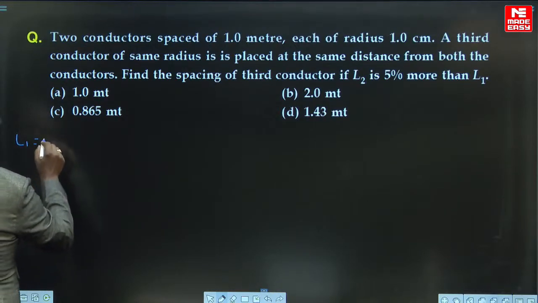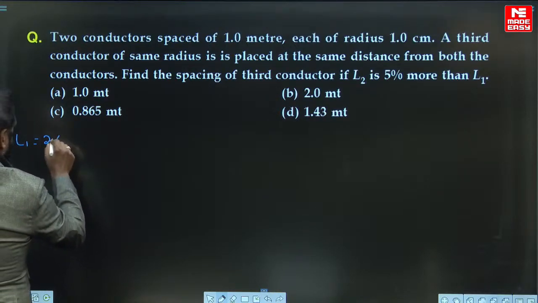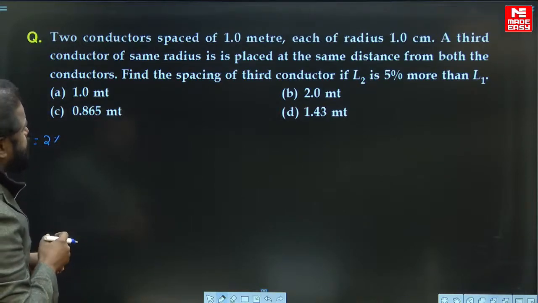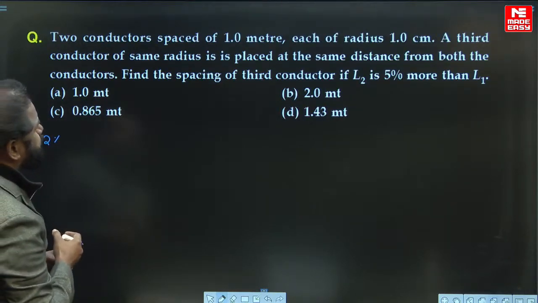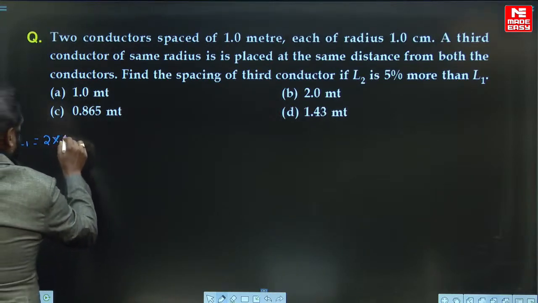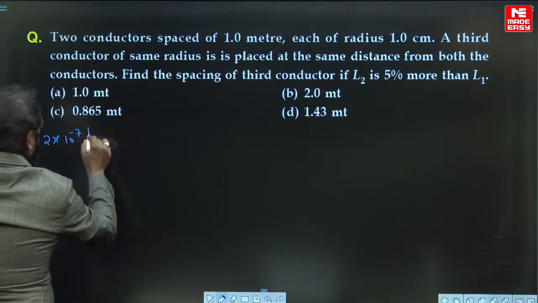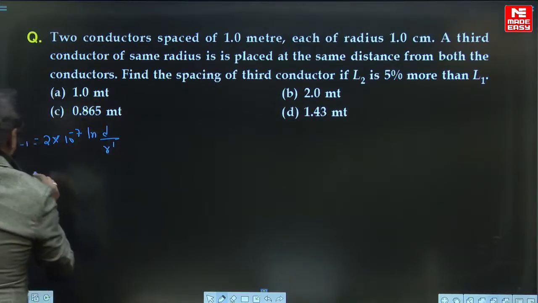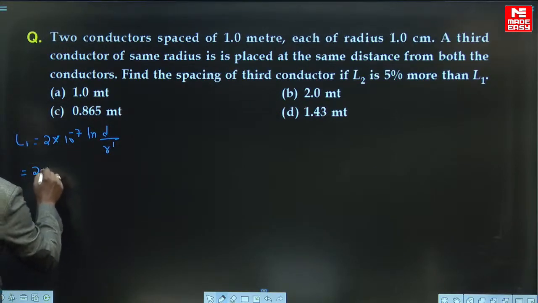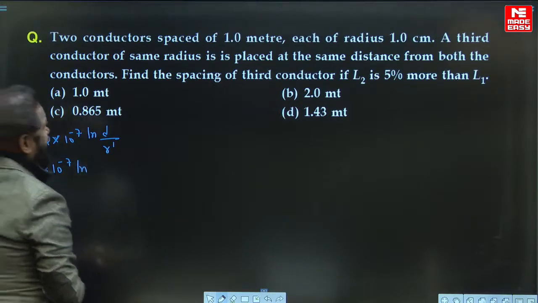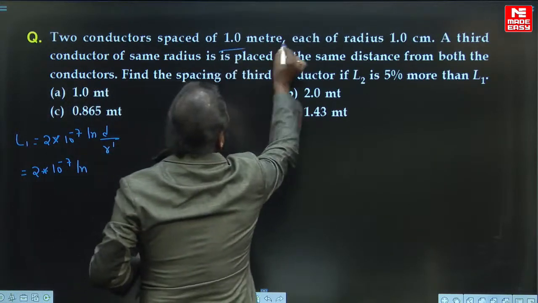L1 is equal to 2 into 10 to the power of minus 7 ln d by r dash, with d given as 1 meter.